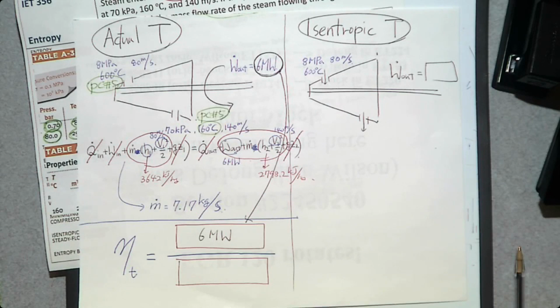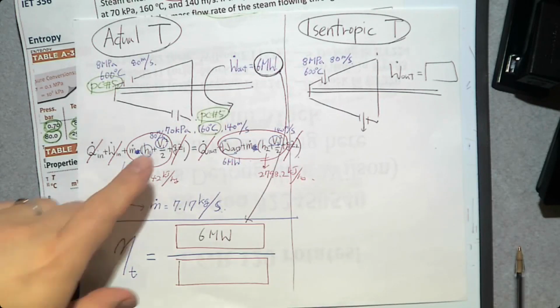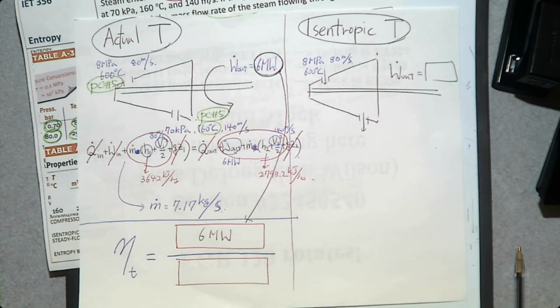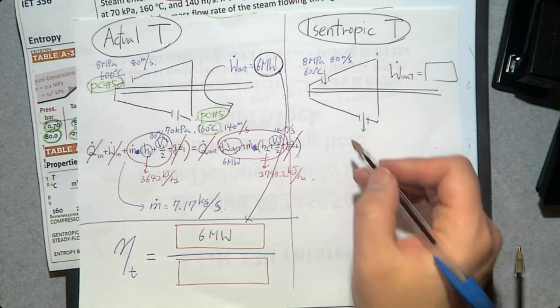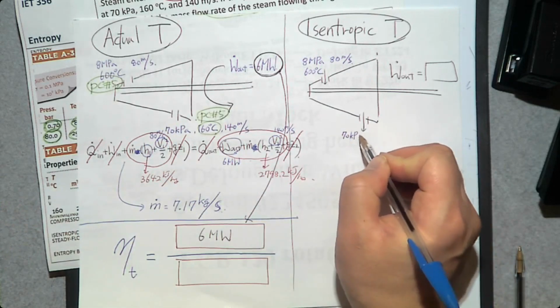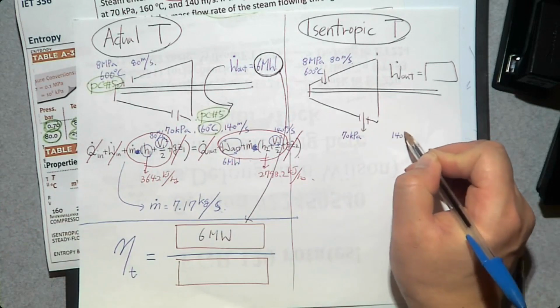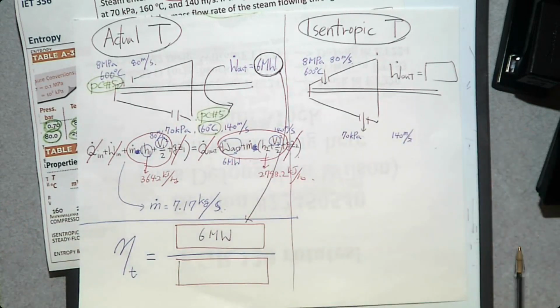So out of 70 kilopascal, 160 degrees Celsius, 140 meter per second, something may not be the same at the exit of this turbine. First, 70 kilopascal. That depends on the pipe condition, which is connected to the outlet of the turbine. So that 70 kilopascal cannot change. And 140 meter per second is also a property determined by the pipe diameter or something on the right.